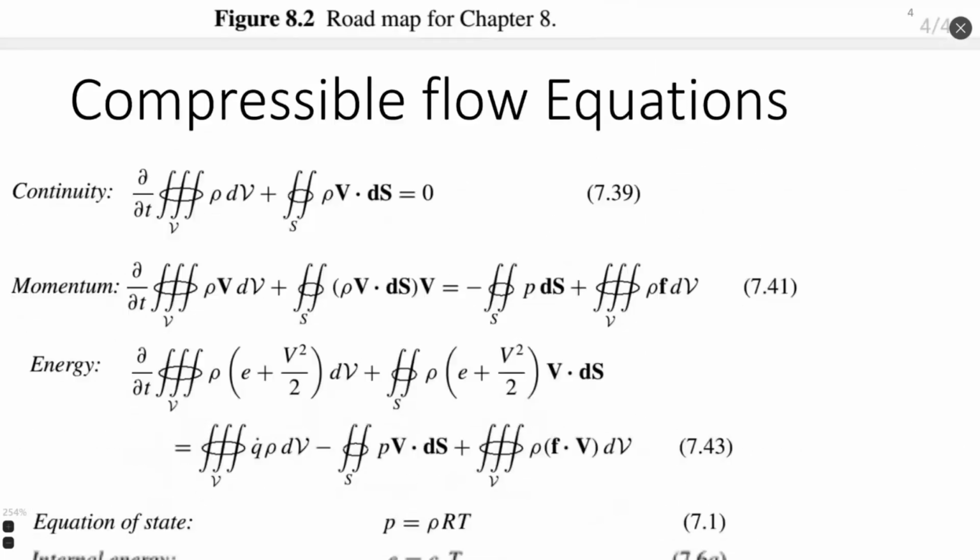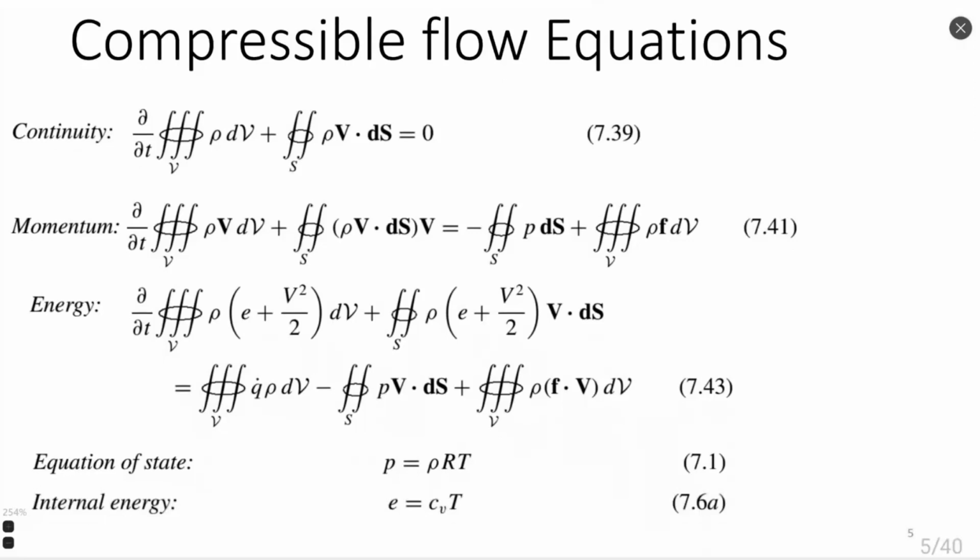So we have to start from the equation system, the same equation system which we saw last time in our previous class. It's a system that contains three main flow equations: continuity, momentum, and energy, and two additional algebraic equations, which are the equation of state and the internal energy definition.